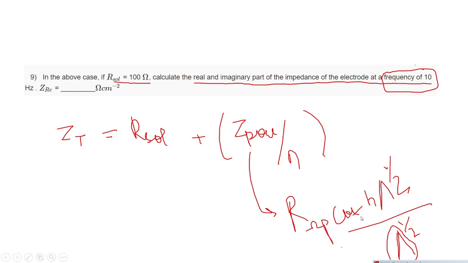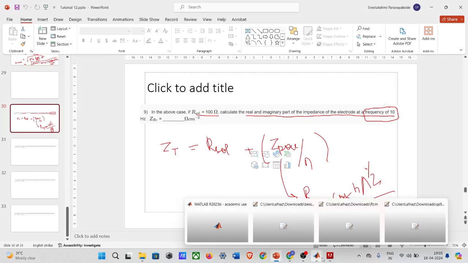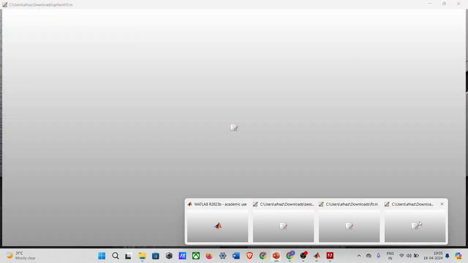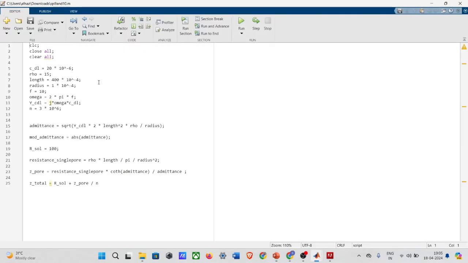It has the resistance times coth of the dimensionless admittance raised to 1/2, divided by the dimensionless admittance raised to 1/2. I solved it using MATLAB. You have the CDL, the double layer capacitance, density, length, radius, and the frequency is given as 10 hertz, so omega is given.